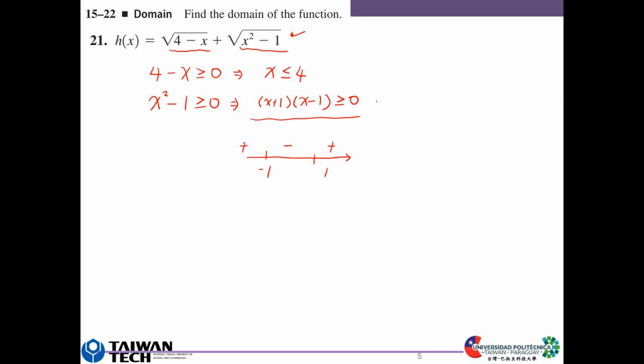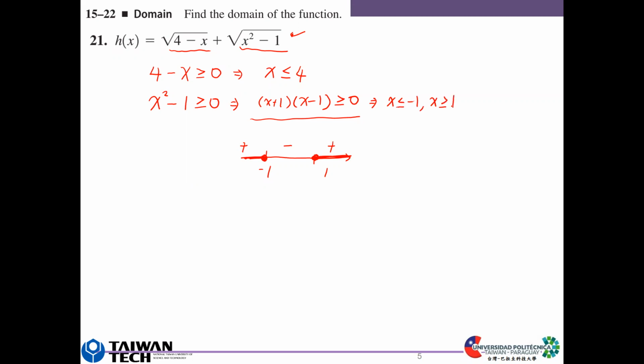So the answer will be, because 1 and minus 1 are included, x could be smaller or equal to minus 1, or x could be larger or equal to 1.